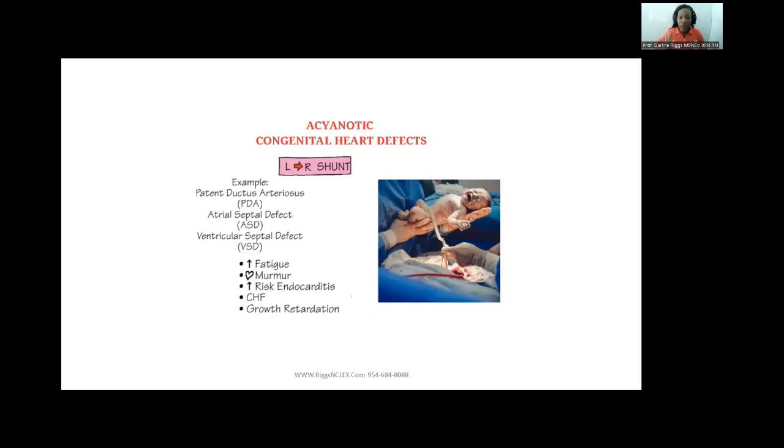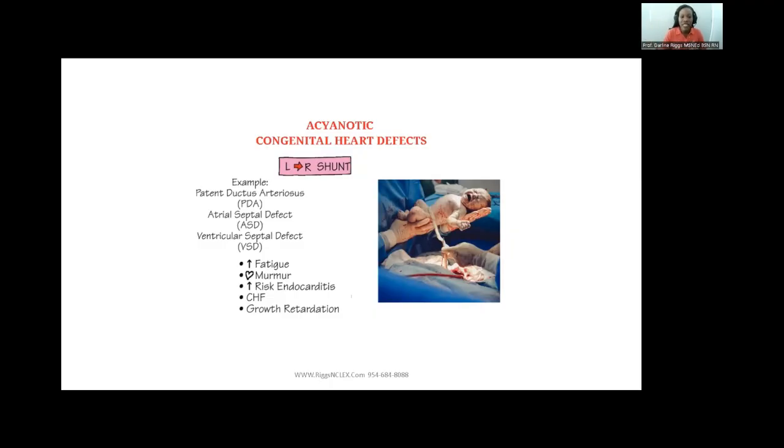So the child's blood with these conditions we're going to talk about, they lose a little bit of their red blood to the blue side, but they still have nice red blood flowing throughout their entire body. So your acyanotic defects are left to right shunt, meaning they lose a little bit of their red, oxygenated, rich in oxygen blood to the right side.